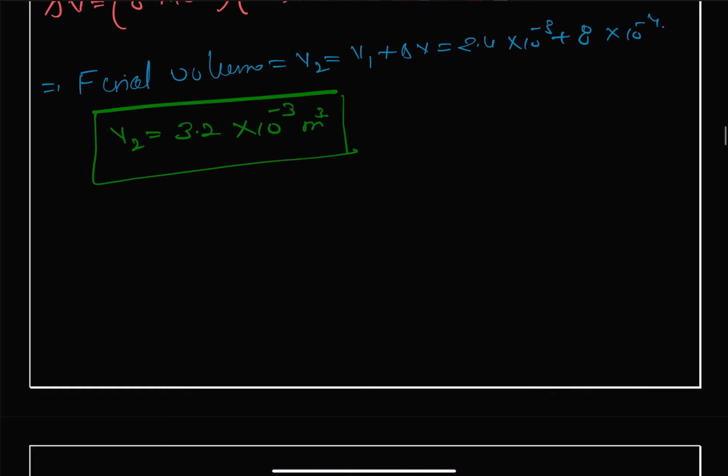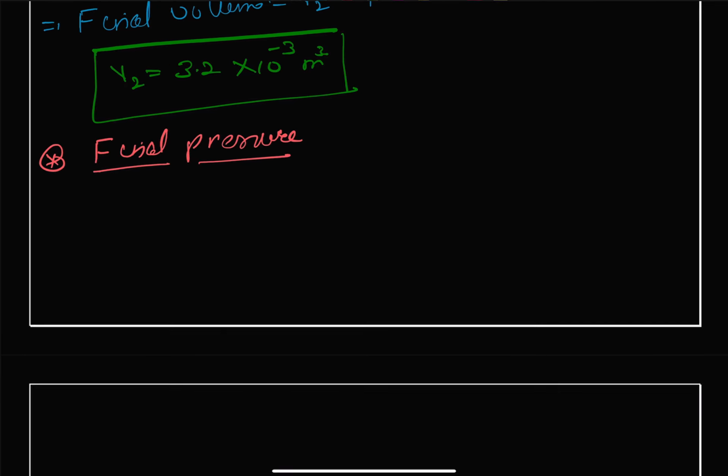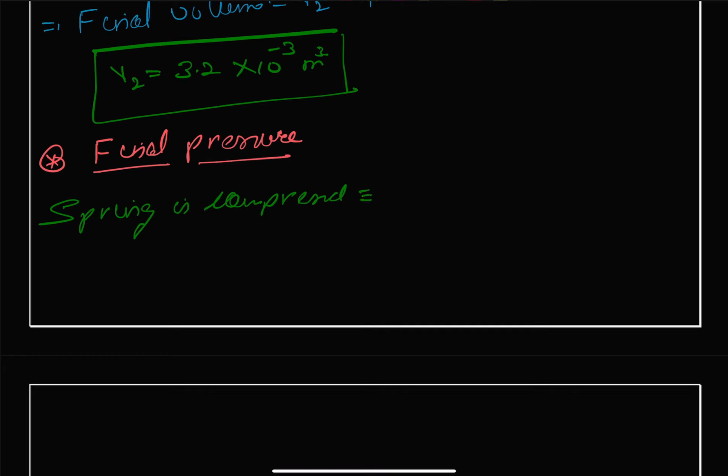So we can say, for the final state pressure, the spring is compressed by 0.1, and in this case we are going to denote it as X, that is 0.1.